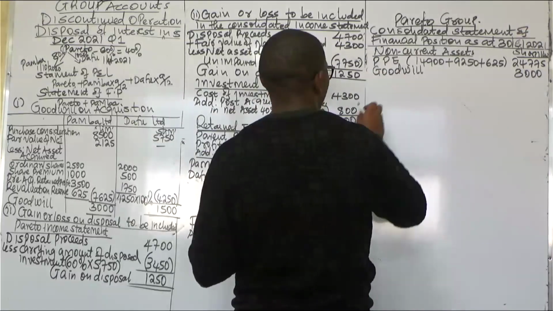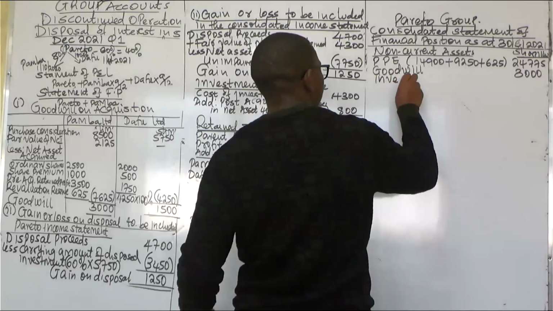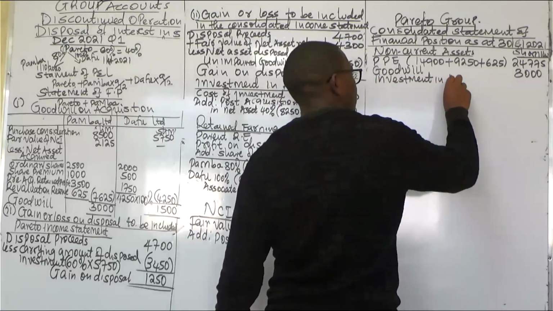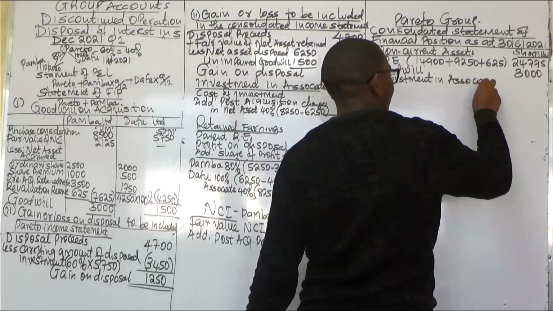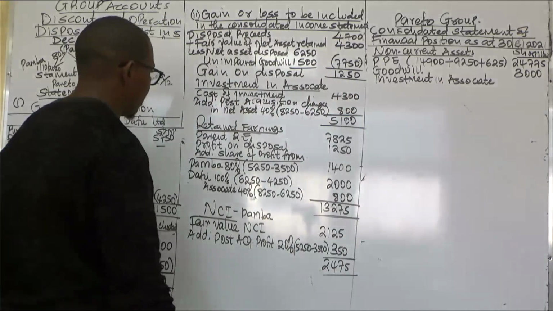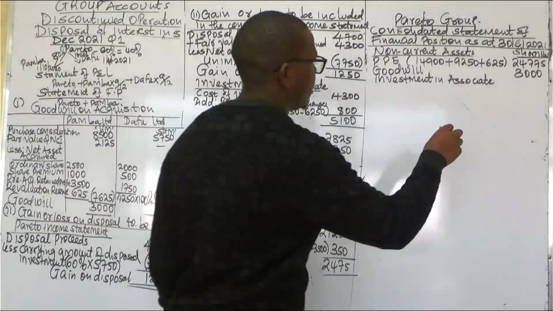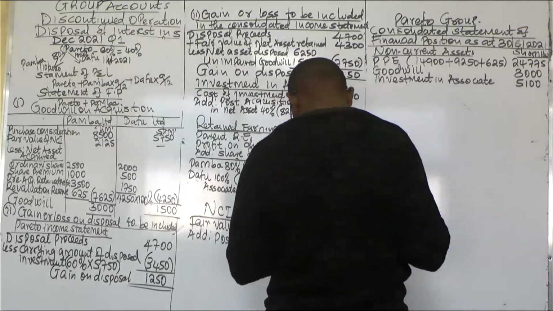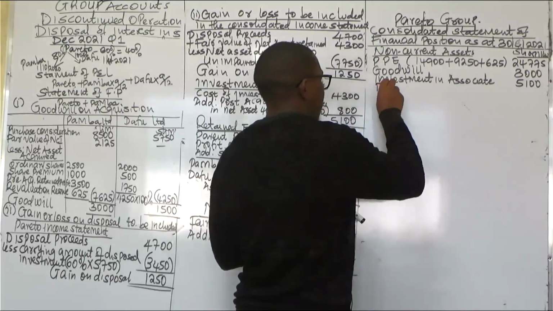You also had the investment in associates. Investment in associates we've computed here to be 5,100. Then also I see we have the financial assets.